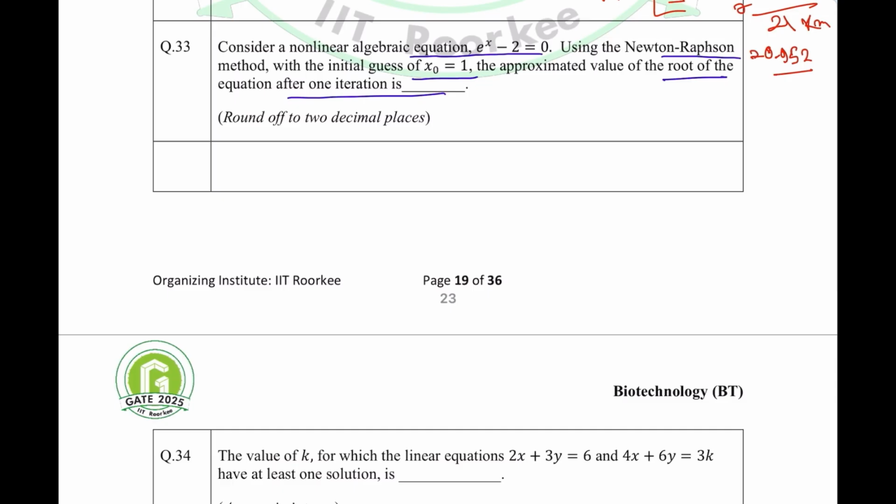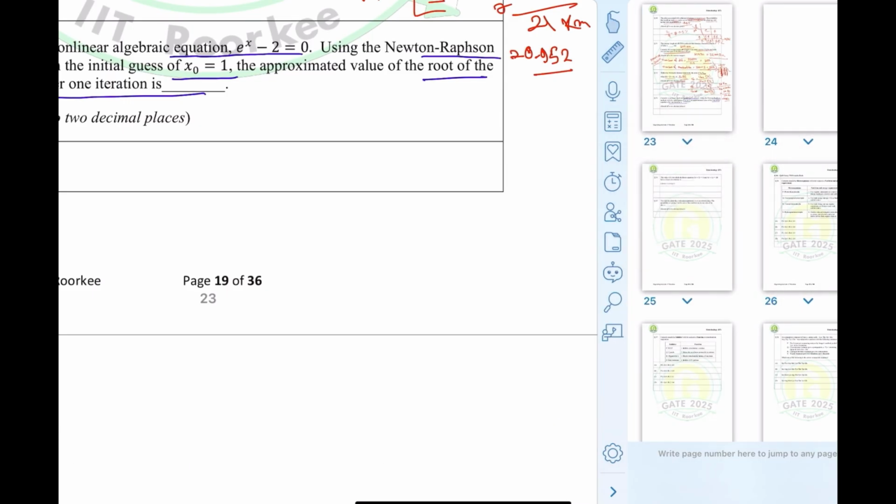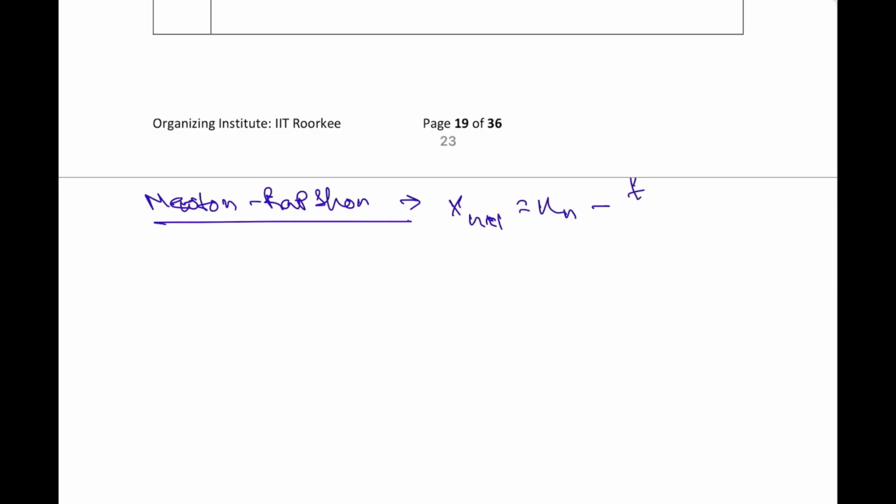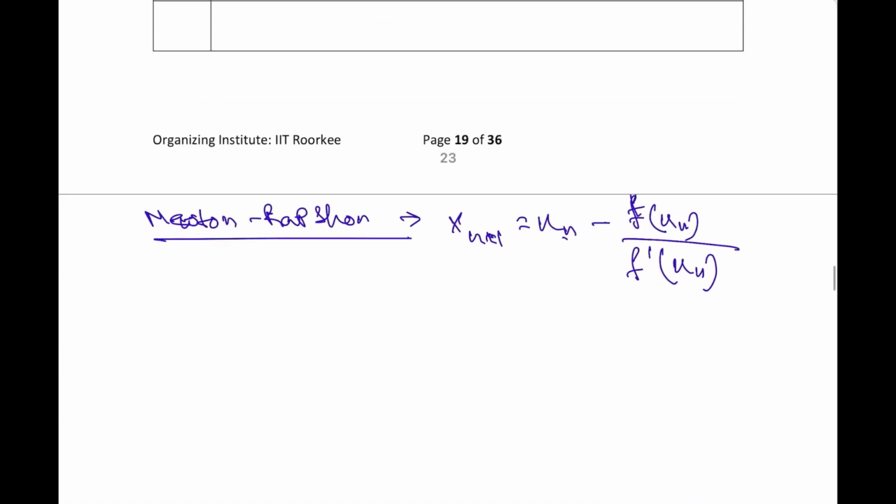So if we recall the Newton-Raphson formula, here the function is f of x equal to e to the power x minus 2.